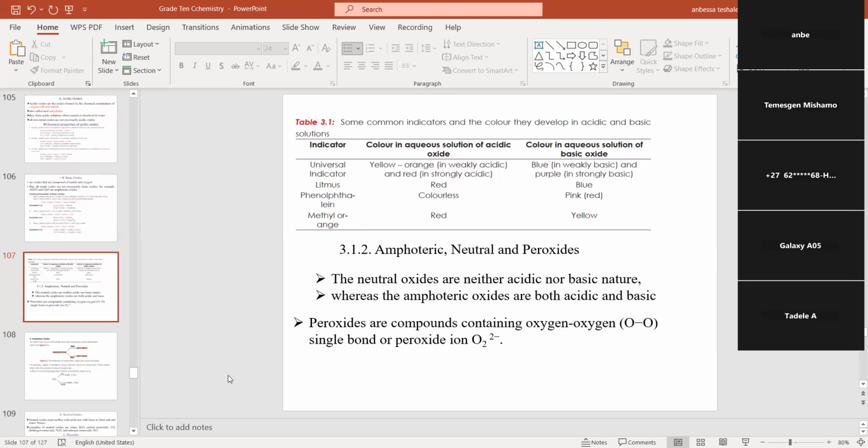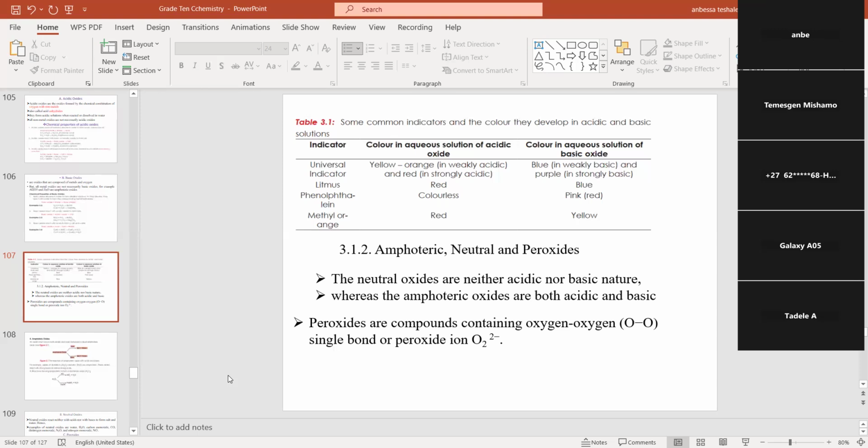Acidic oxide converts litmus paper to red. Basic oxide converts it to blue. Phenolphthalein in acidic oxide is colorless. In basic oxide is pink. Methyl orange in acidic oxide is red. In basic oxide is yellow.